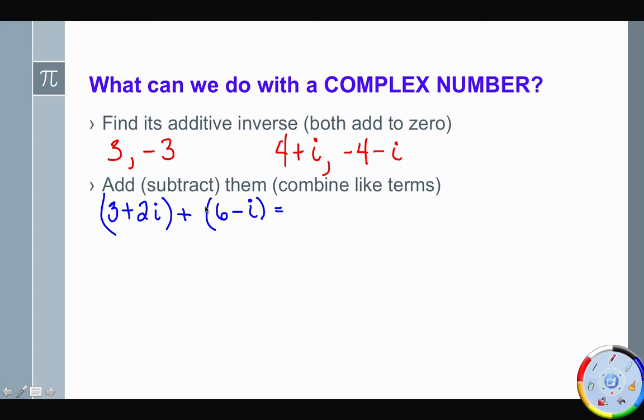I'm going to go 3 plus 6 because that's the real part, and I'm going to get 9. I'm going to add the i's together, so I get 2i and a plus a negative i, which makes a plus 1i, and I get my answer there.